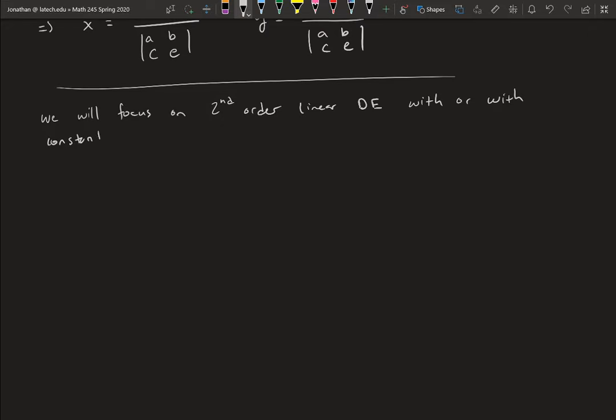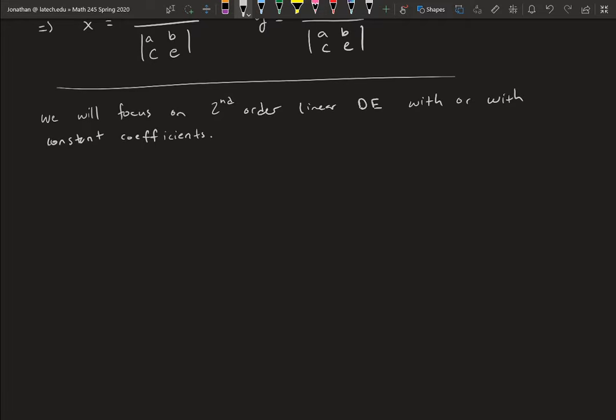So this is really a more general method than method of undetermined coefficients. It could be non-constant coefficients, unlike 4.4 where the method of undetermined coefficients had to have constant coefficients. This is going to be a more general method.